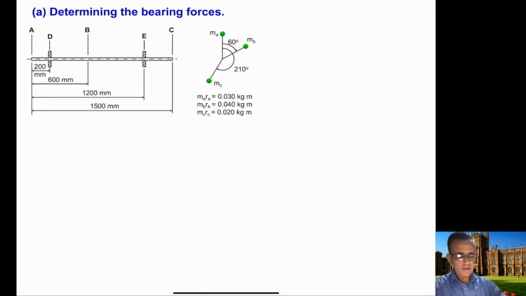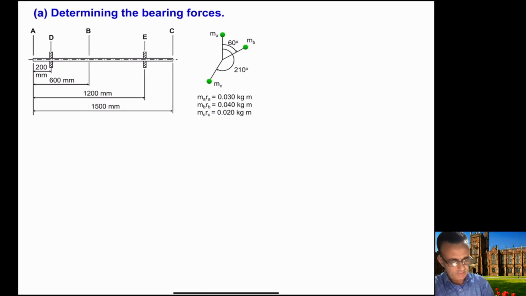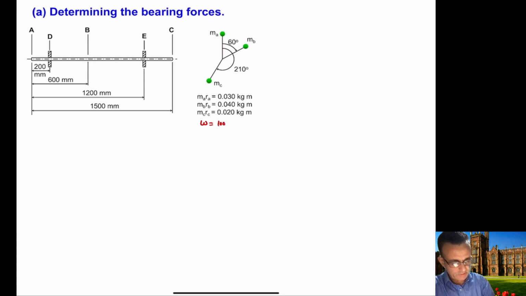So we need to calculate the bearing forces here, and this data is given. You are also provided with the omega here, which is 1000 rpm. And you are also given MARA, MBRB, and MCRC, which are the forces, and their locations are also given here.